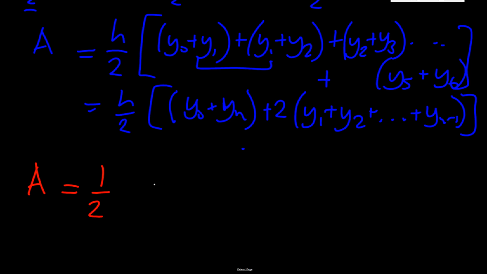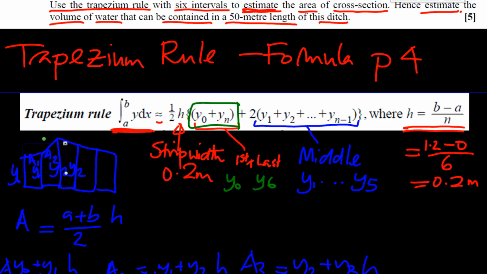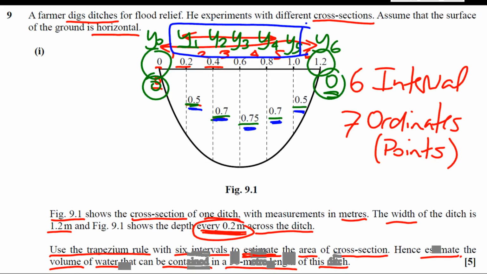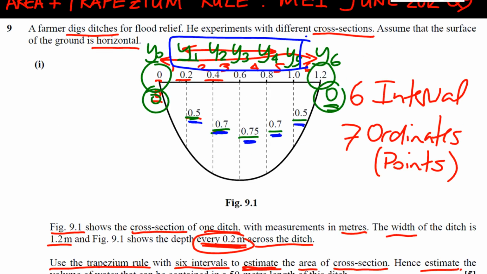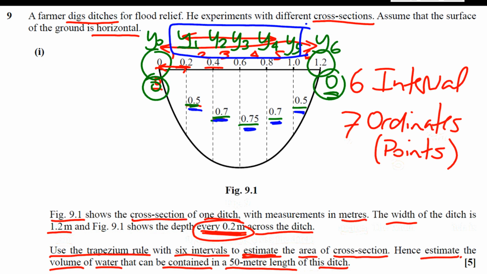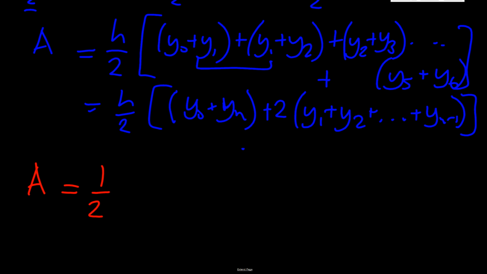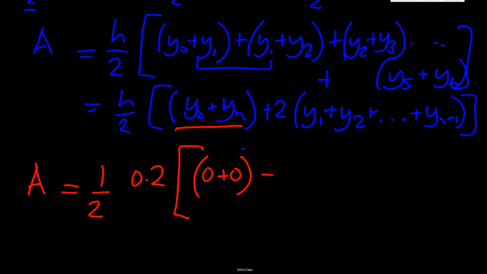And now we put in our y0 and our y6, in our case yn. Both of these were actually 0 in this case. Quite often in the examples they give you in MEI, the two end values are 0, but watch yourself so you don't get caught out. Then in the second bracket here, we're going to have 2 times, we're going to double up on the middle values, which are our blue figures here, weren't they?